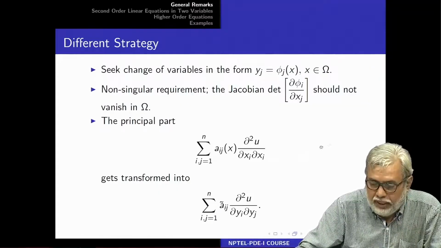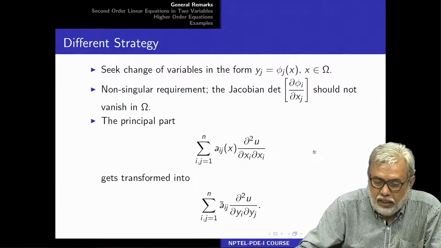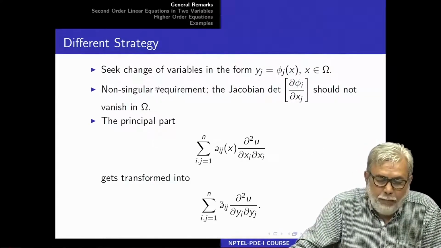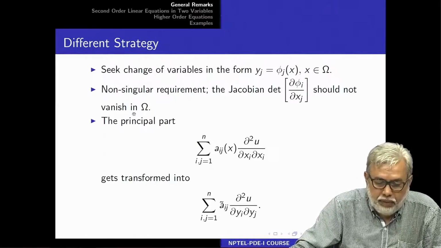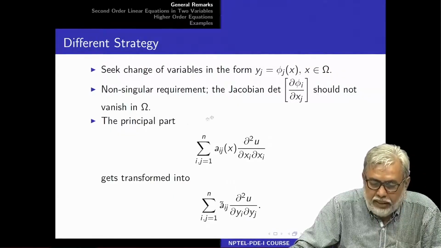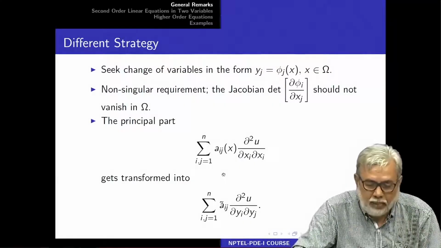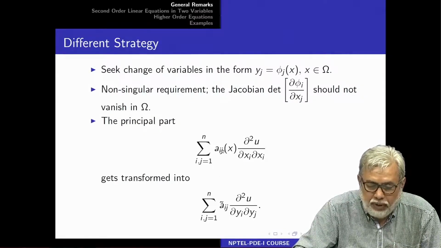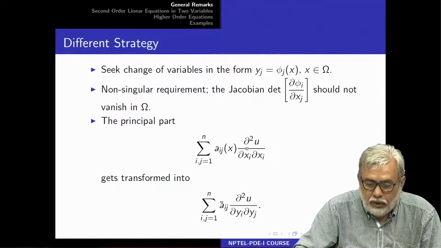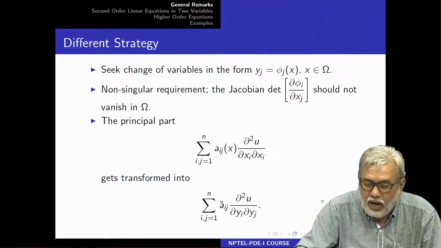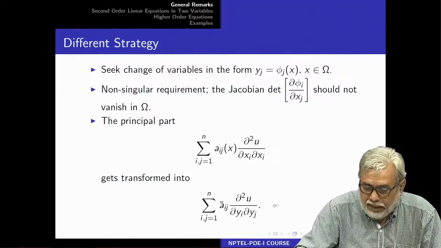Okay. So, now our principal part. I am ignoring the lower order terms. Lower order terms are important for the full reduction, but as far as the reduction is concerned, it is only the highest order terms, that is the principal part. So, using this change of variable, you transform this equation into this. While doing so, you do get some lower order terms here, and I am not considering them.